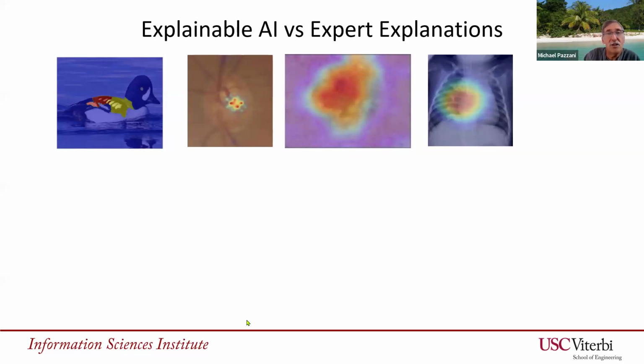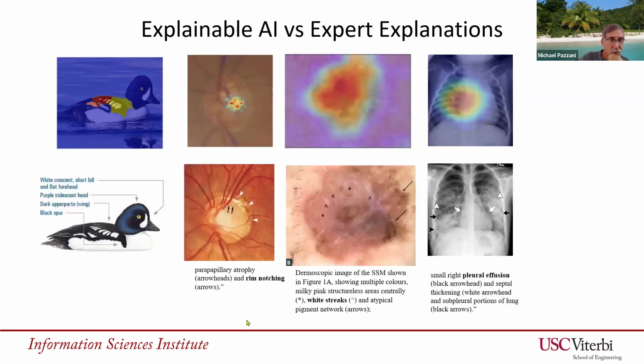And others from medical images, so glaucoma, trying to find the spot, or melanoma, or COVID x-rays. And when you look at these, and then you compare to what you can find in medical journals or bird watching guides, it's much, much different. What they tend to do is highlight features or point things out, but they also label them.